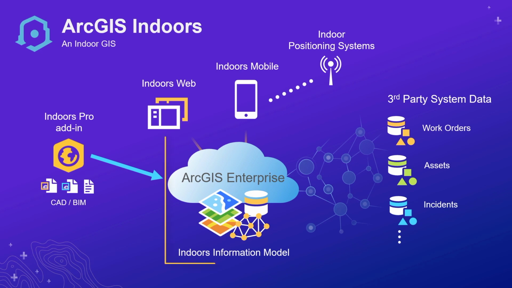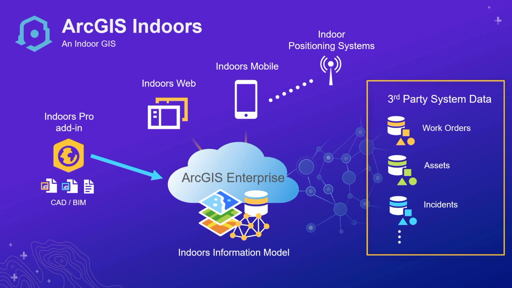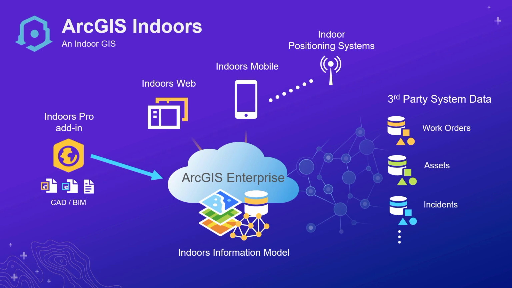ArcGIS Indoors is powered by and delivered through an ArcGIS Enterprise portal, and we can integrate third-party tools and data to support work order management, asset tracking, emergency response, and other critical business workflows.